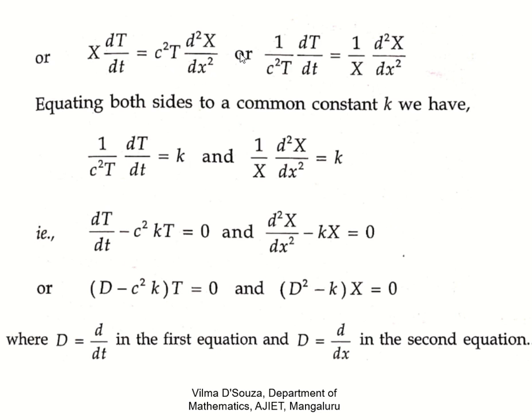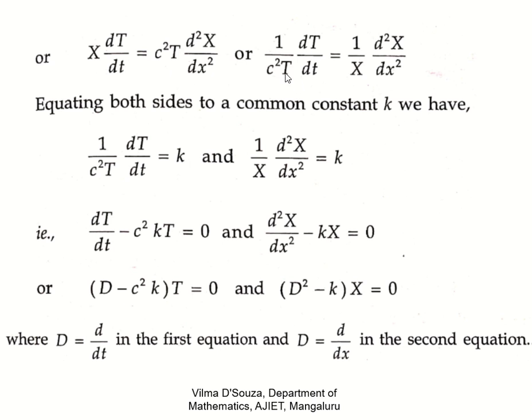Now multiply throughout by 1 by c square xt. What you are left with is x gets cancelled, 1 by c square t into dt by dt is equal to 1 by x d square x by dx square.